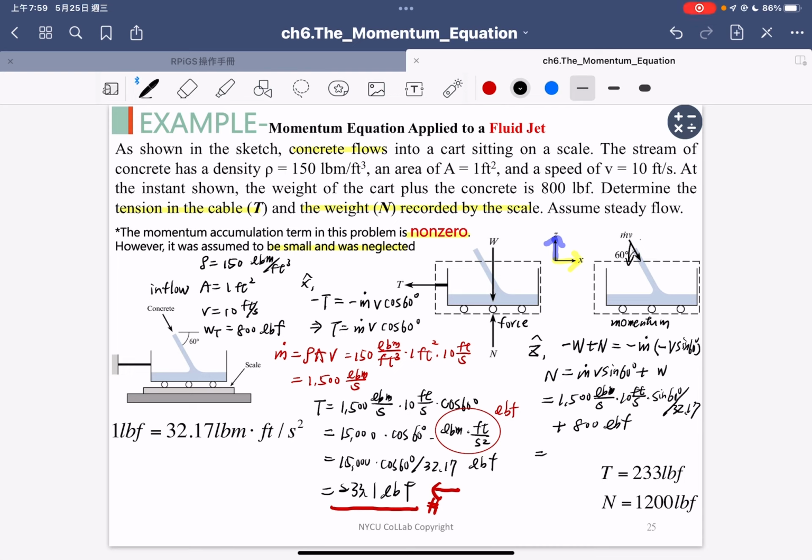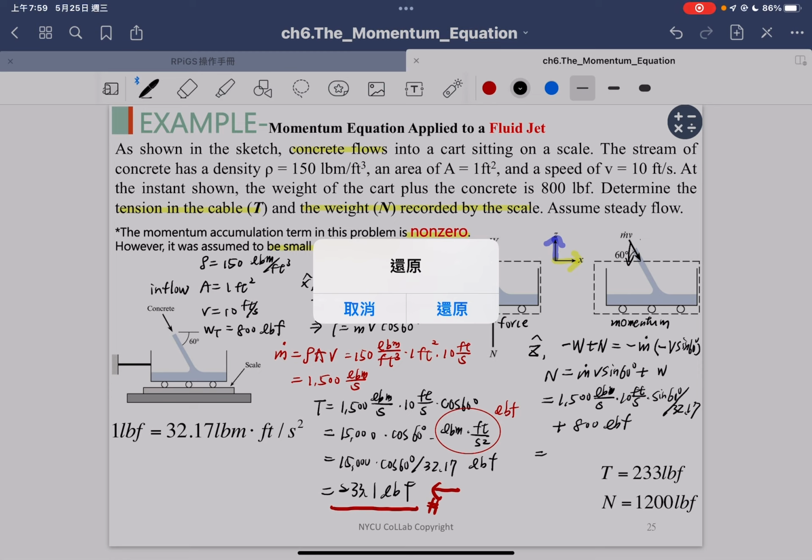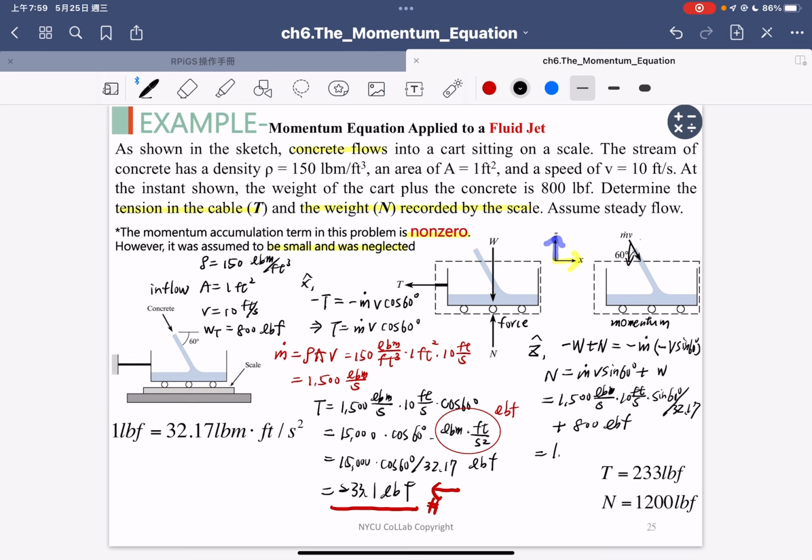So you can use your calculator to check the answer. I checked with my calculator, and the answer is 1204 pound force, and this is the positive direction, so it's upward.